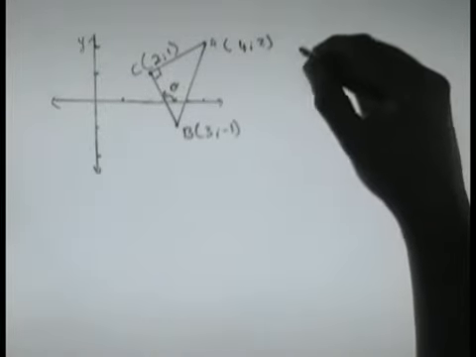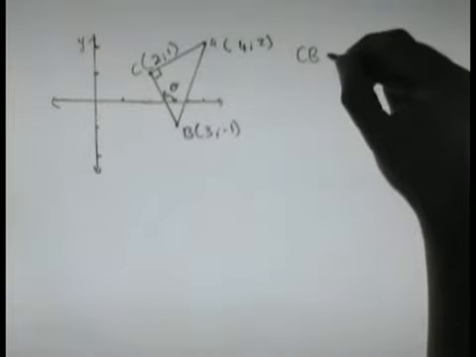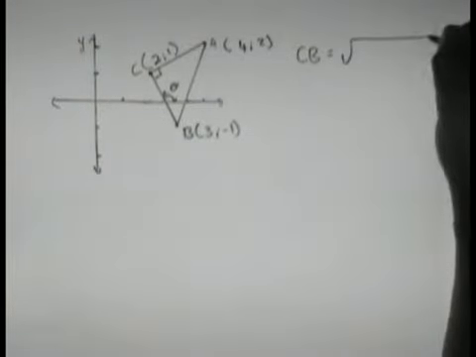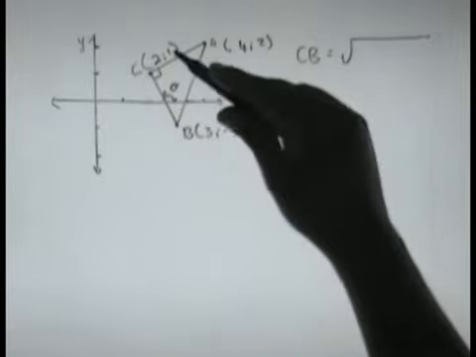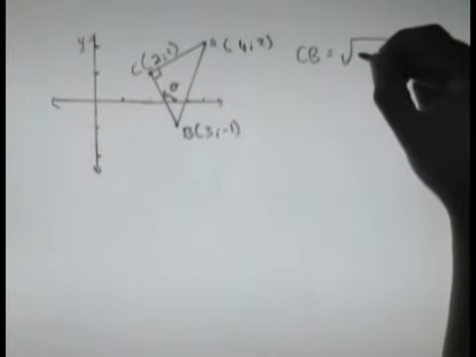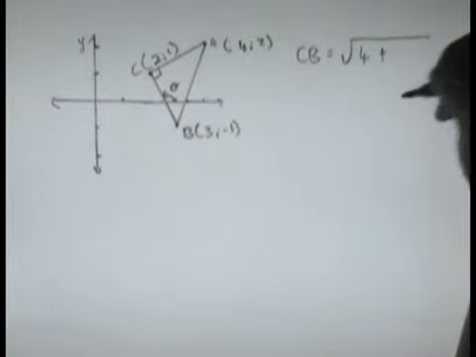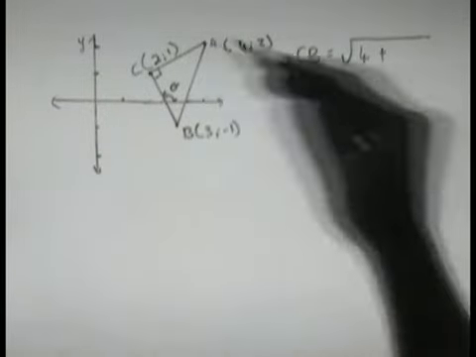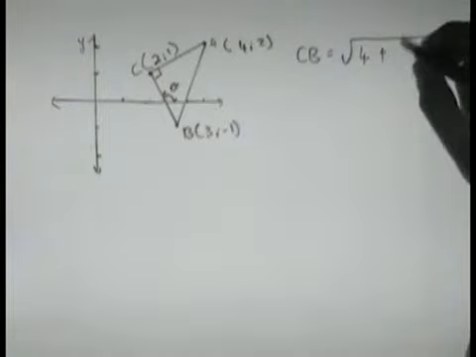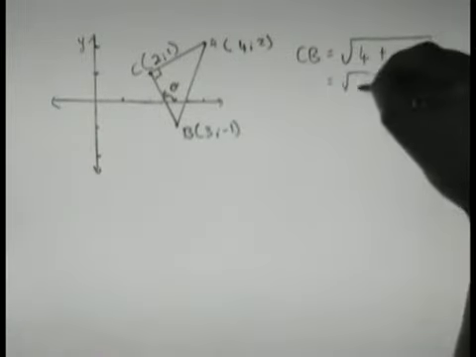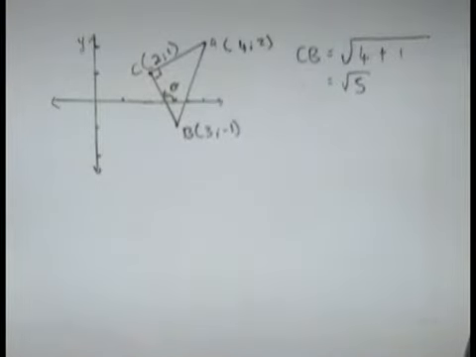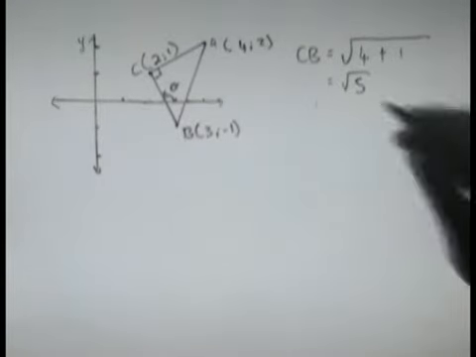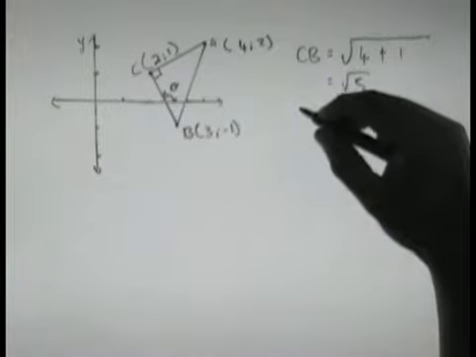The distance CB is going to be given by the square root of y2 minus y1, which is minus 1 minus 1, which is minus 2 squared, which is positive 4, plus x2 minus x1, which is 3 minus 1 squared, which is just 1. That means that the distance CB is given by root 5.